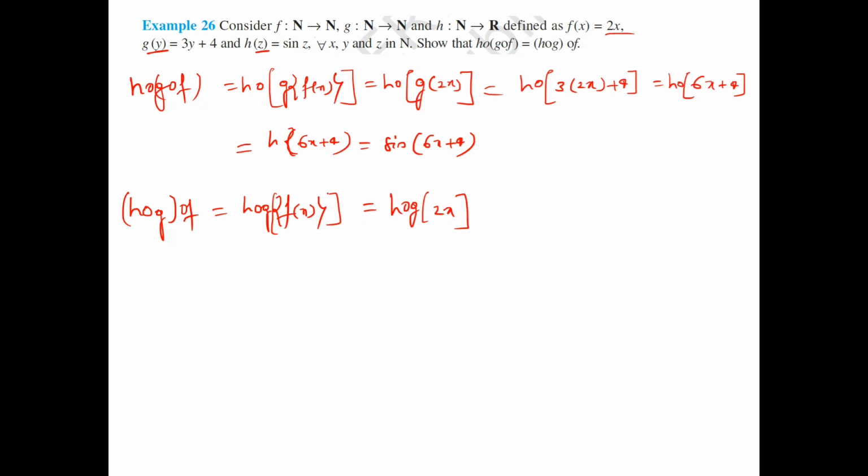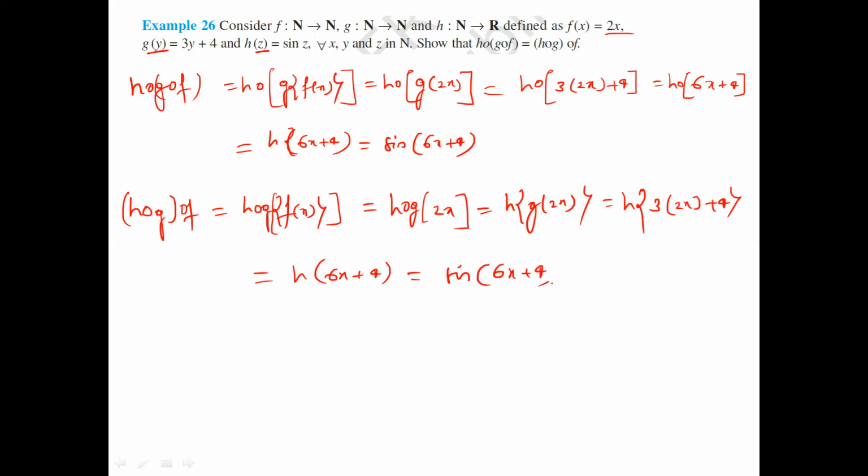Okay, both methods are the same. Now h of g of 2x. What is g of 2x? g of 2x means you can write 3 times 2x plus 4. Now this can be written as 6x plus 4. After that, sine of 6x plus 4. So we got both answers the same.